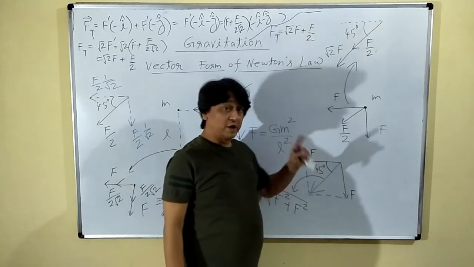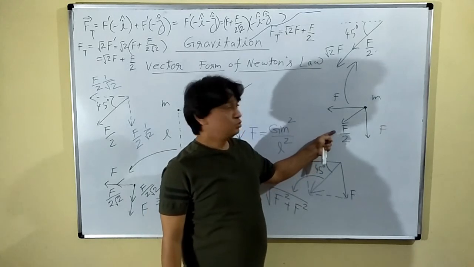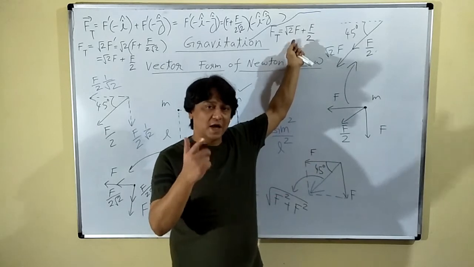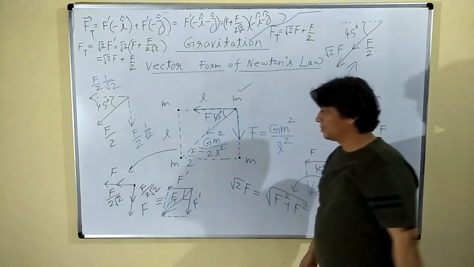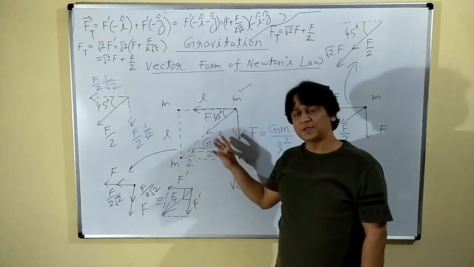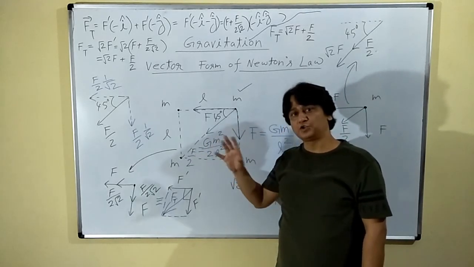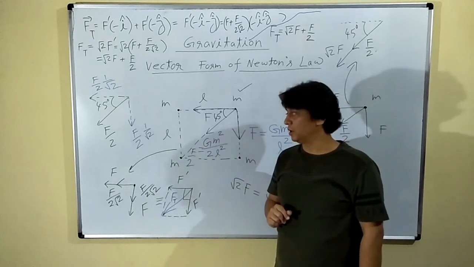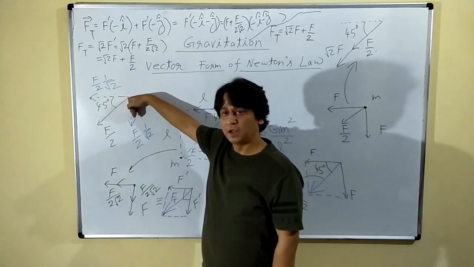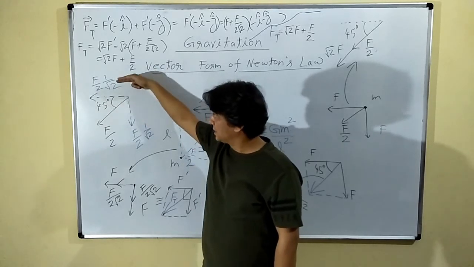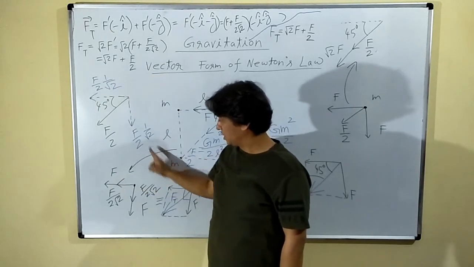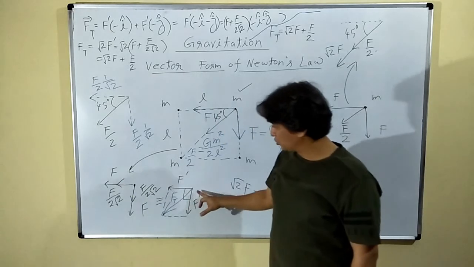This √2F was already present in the direction of F by 2. दोनों को ग्रुप किया, ये निकल आया मैग्नीट्यूड. लेकिन अगर डायरेक्शनल पार्ट चाहिए, तो क्या करना पड़ेगा? ये जो F by 2 था, इस F by 2 को I और J में रिजॉल्व. That's what we did. जैसे ही रिजॉल्व किया, this I groups with this F, this J groups with this F, giving you this setup.